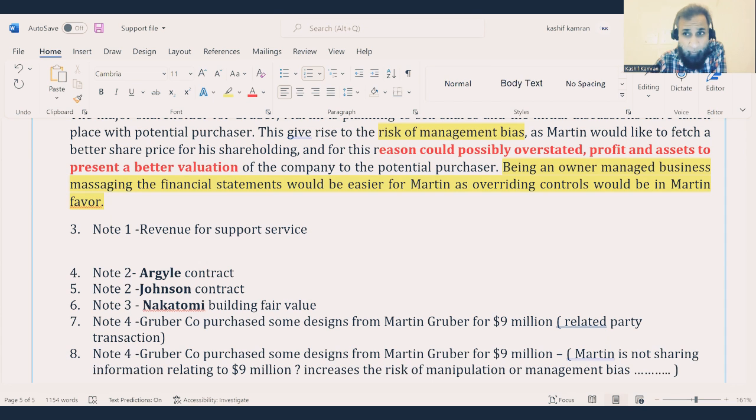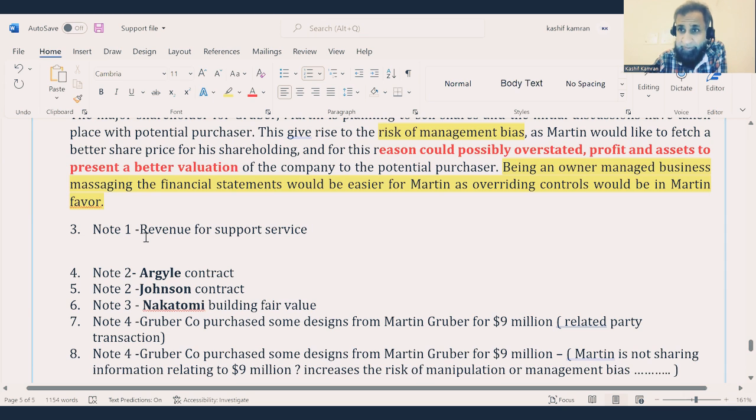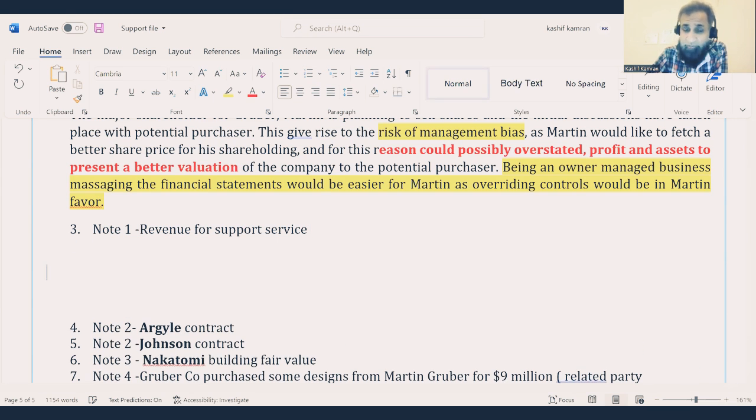But if the revenue from the support service is recognized at the time when other revenue is recognized, which is after 14 days, the time span to complete the machinery, then revenue could be overstated. So if you treat the revenue from the support service on the same performance obligation criteria as the other revenue, then the revenue could be overstated, right? I hope you agree. There is a different performance obligation for revenue from support service, which is different from the rest of the performance obligations.